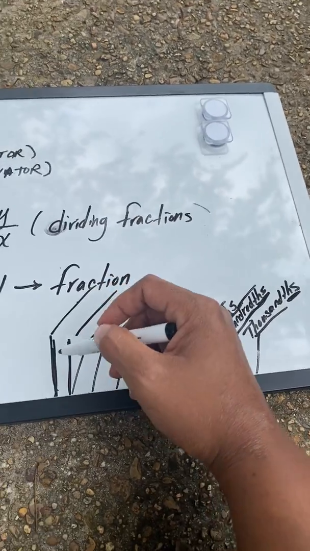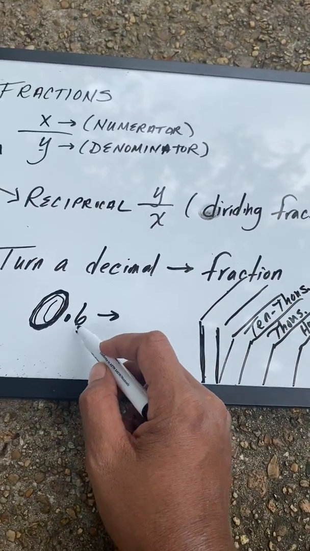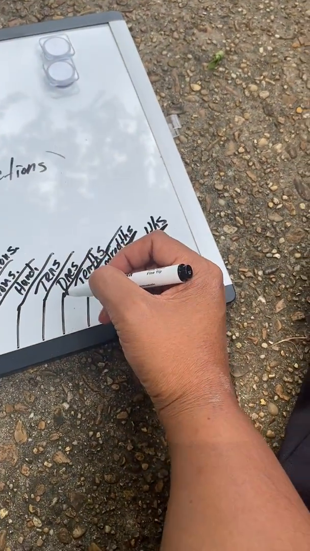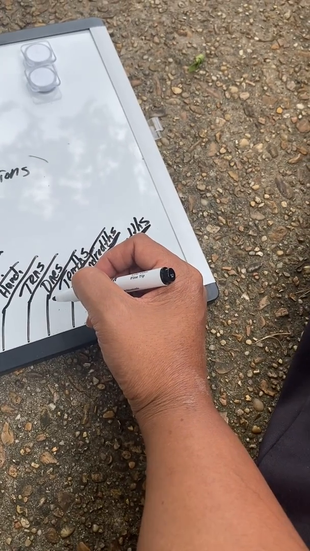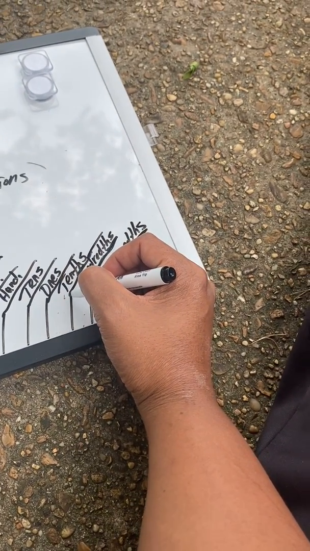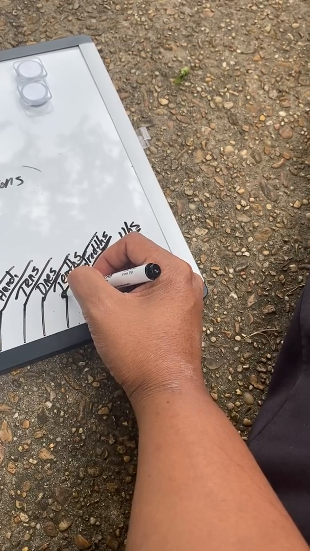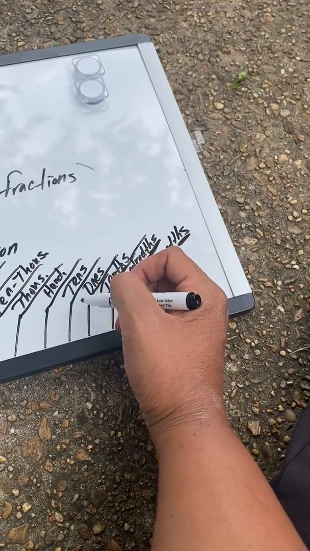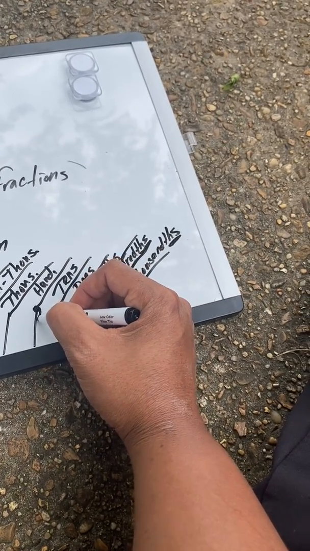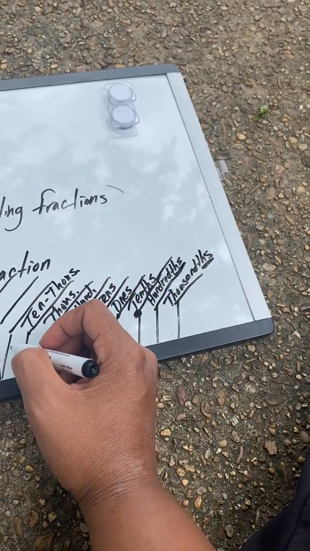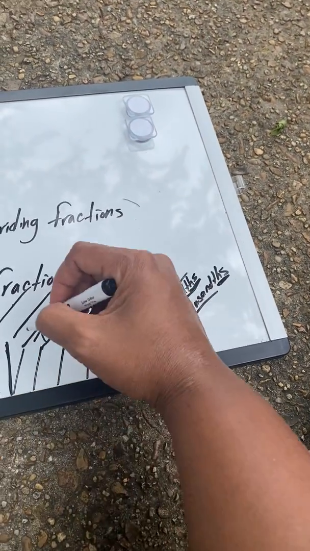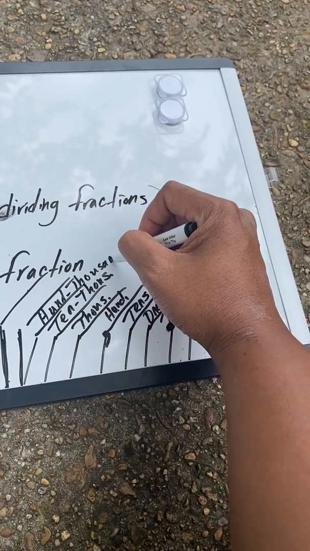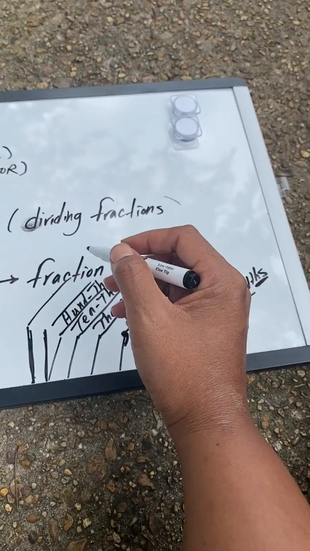So our number here to turn into a fraction is 0.6. If you remember on that chart, there is a decimal point right here. Also on that chart, there's a comma right here, and there's another comma as you go up past 100,000, and then it gets to 1 million.